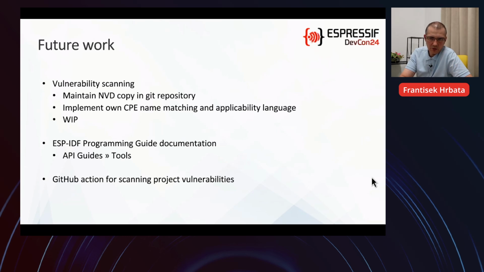This is currently work in progress, and it's looking good. Also working on our documentation, we are planning to add information about esp-idf-sbom into our programming guide. And one other thing that may be worth mentioning is a GitHub action for scanning the project vulnerabilities. Now we have a GitHub action for scanning the whole repository, but this will be per project.